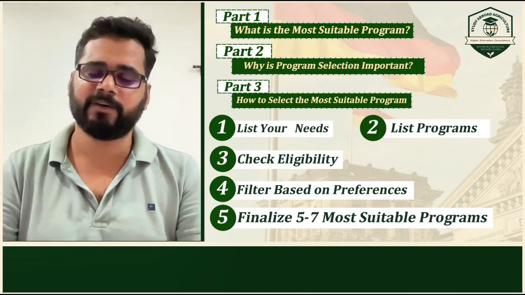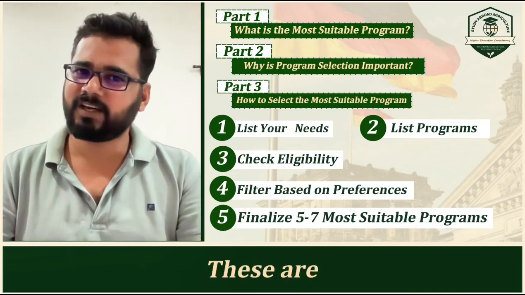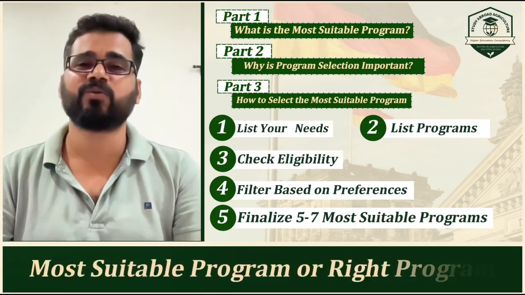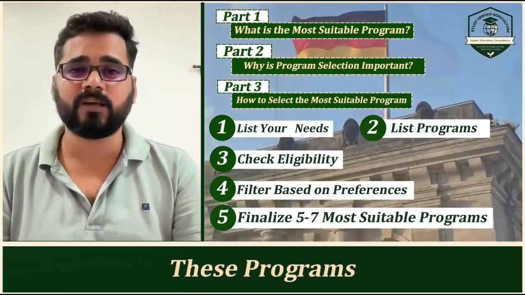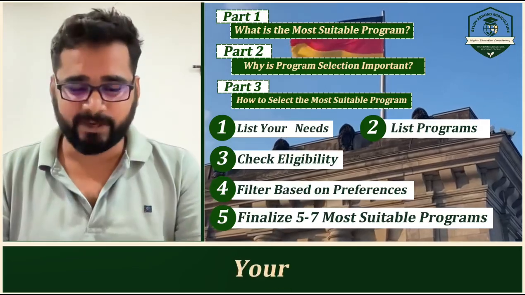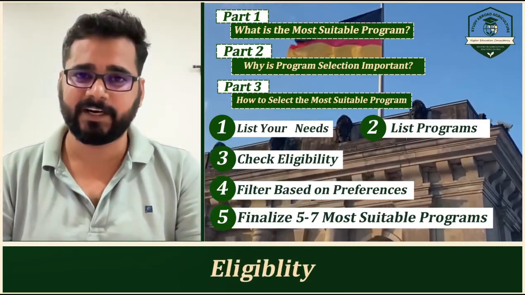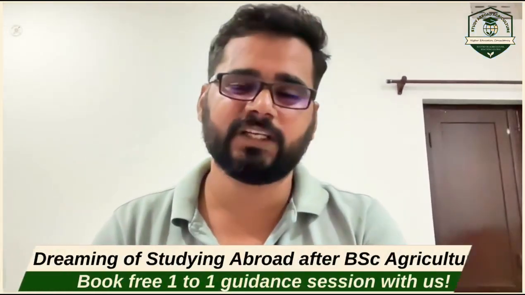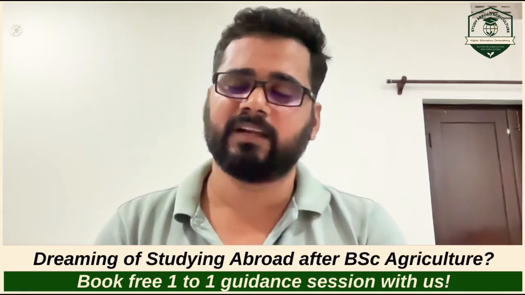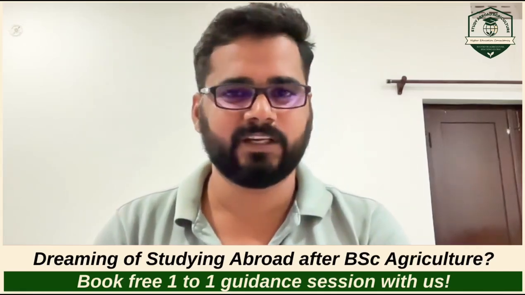Pick those 5 to 7 programs, and these are your most suitable, or right, programs, because they fulfill your preferences and your needs, and you also fulfill the university eligibility criteria. So here you will have more chances of getting selected and getting the admission letter from the university.